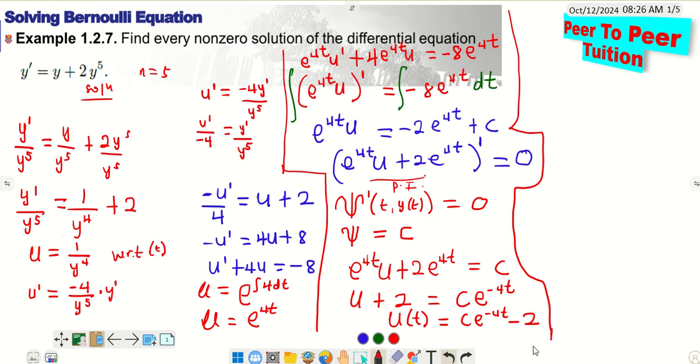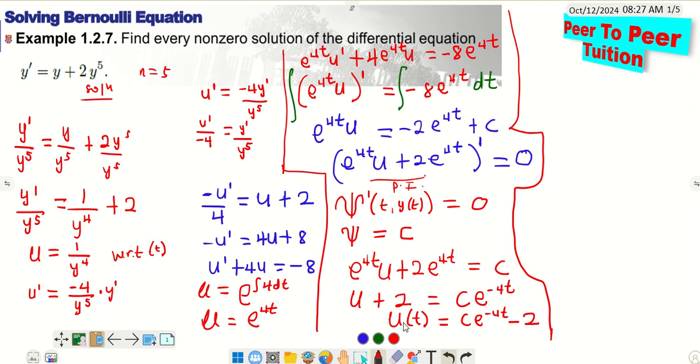But take note that the original question has no u. We made u to be equal to 1 over y exponent 4. So we are going to substitute that back.